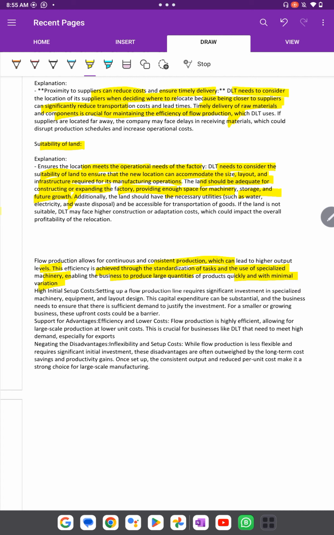However, setting up flow production requires significant investment in specialized machinery, equipment, and layout design, and this capital expenditure can be substantial, and the business needs to ensure that there is sufficient demand to justify the investment. So you just need to write till here.